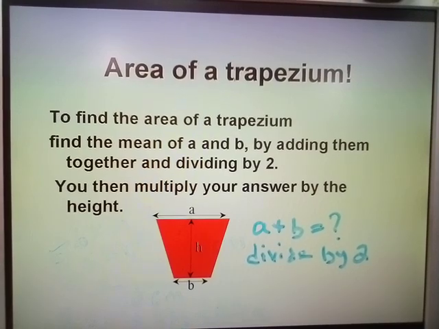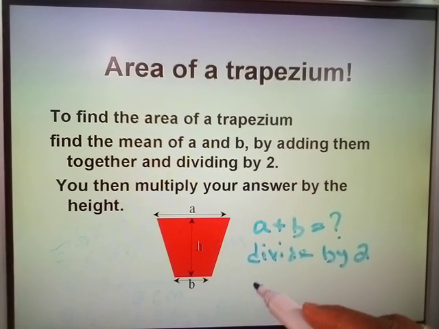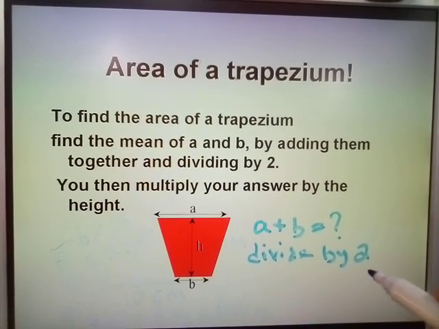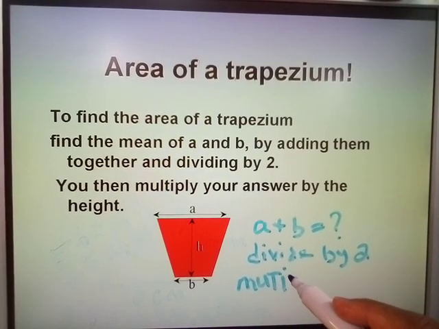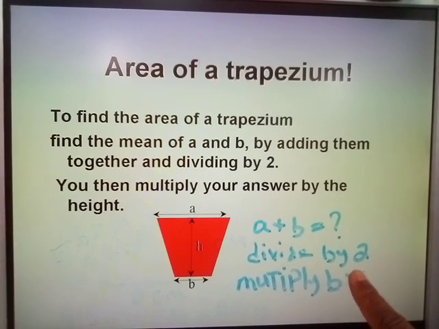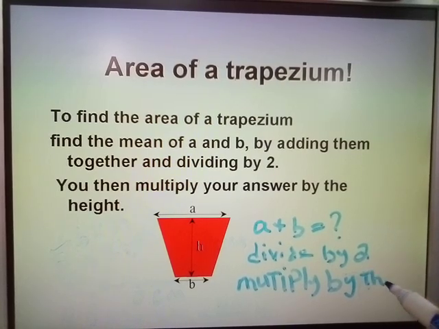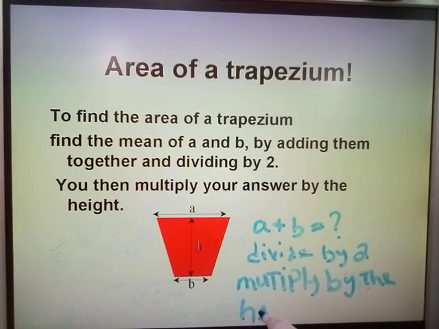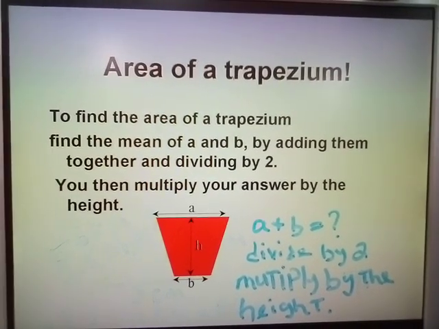Then multiply by the height. Okay, and that's what I'm trying to say here.